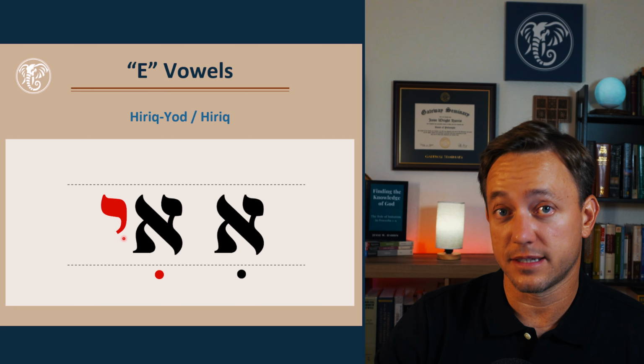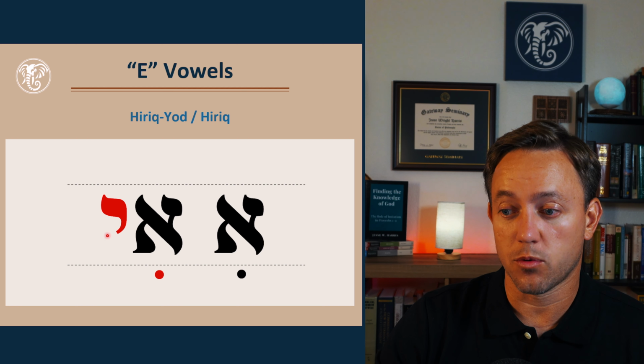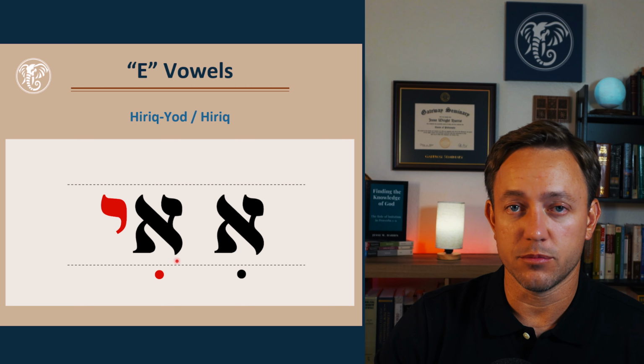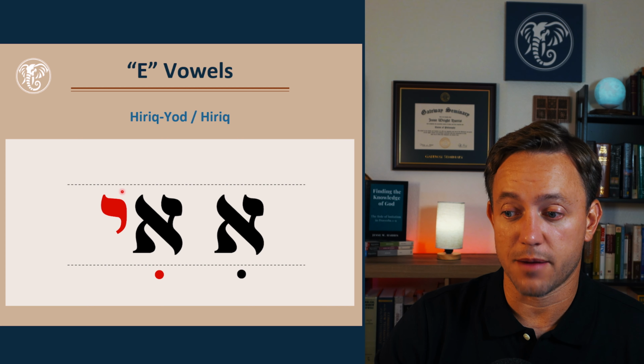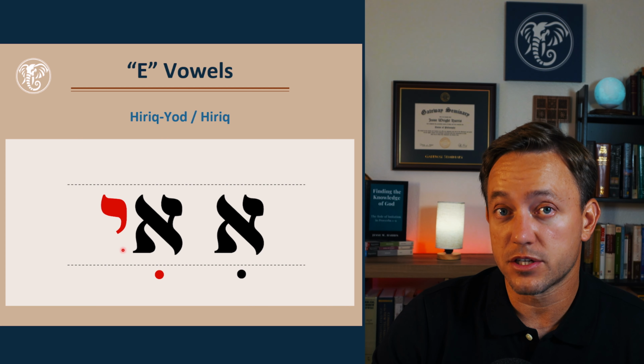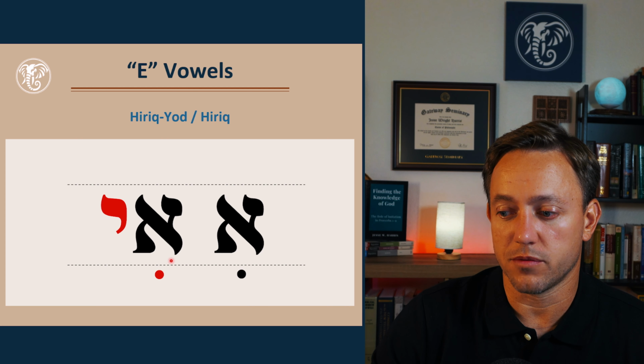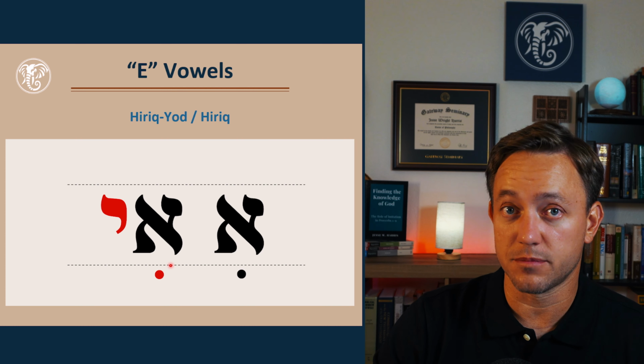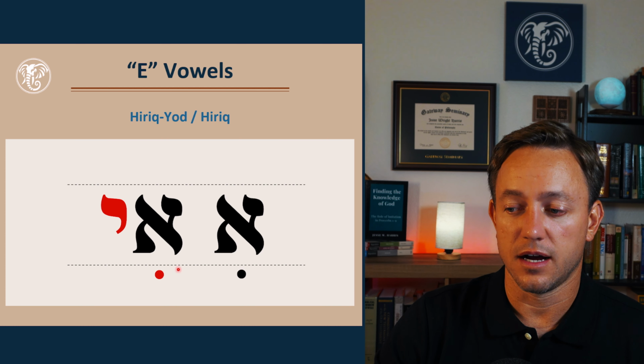Though if you look at the Dead Sea Scrolls, they had way more of these mater lectionis forms that do not appear in our Hebrew Bibles, and that's because for whatever reason the rabbis, scribes, did not find some of them to be original, or they did actually find them to be redundant. So there was at least some sense or some rhyme and reason to some of them being preserved.